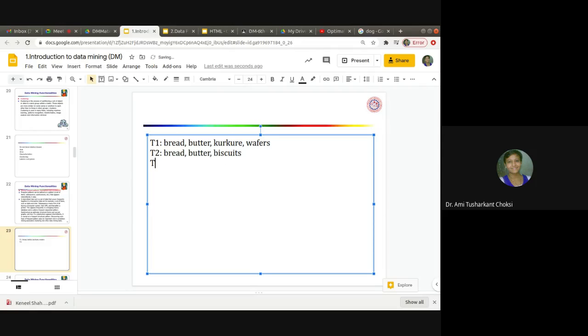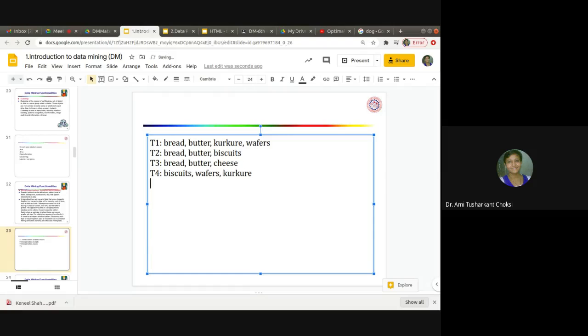Another person, say in T3 transaction, has purchased bread, butter, cheese, right? Now say the fourth person, for that T4 transaction, has purchased, say, biscuits, you can say wafers, say kurkure, right?